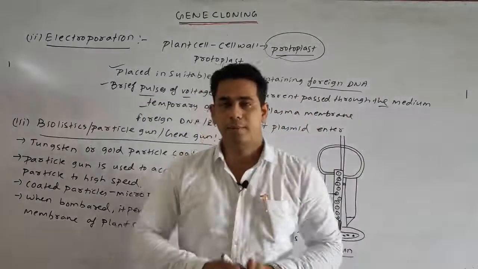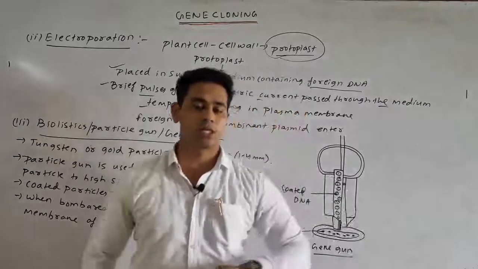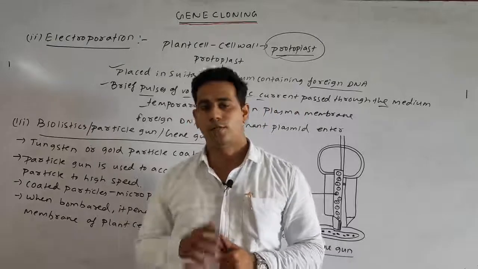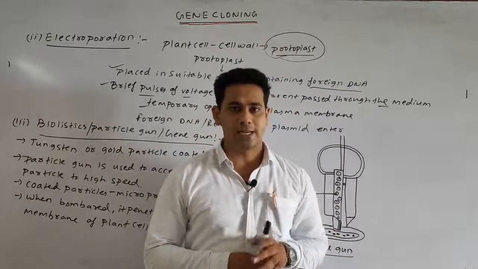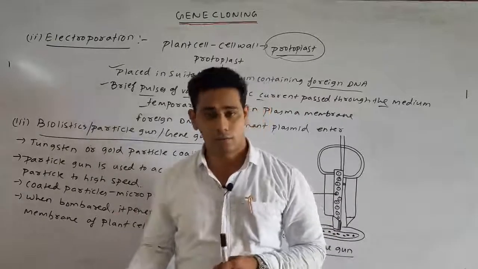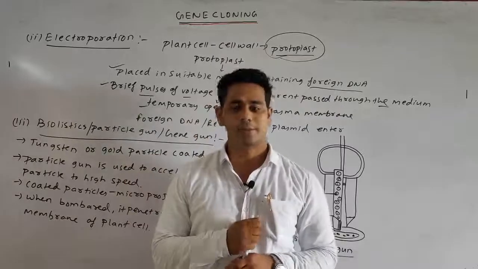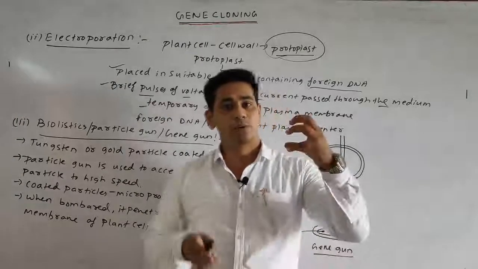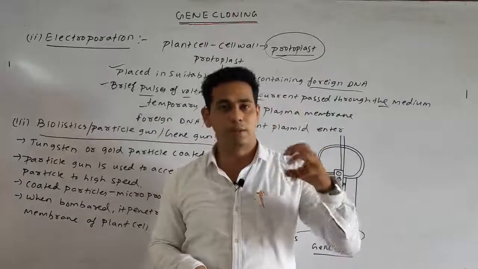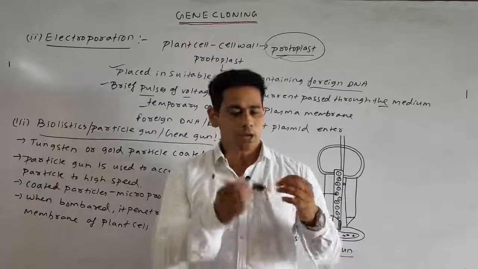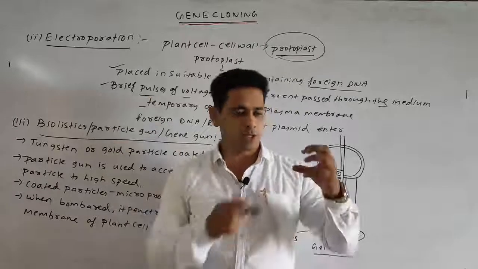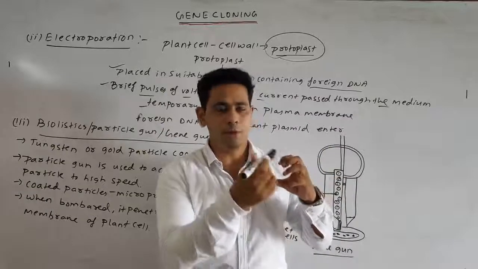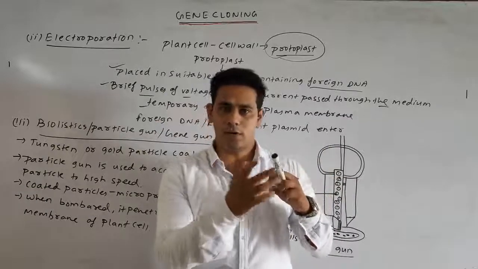You should remember that in transformation, before it was not competent, but after it is introduced into the ice-cold calcium chloride solution, then heat is provided, and then it is transferred into the ice again, it changes from impermeable to permeable. Pores do not form in transformation; the impermeability simply changes to permeability, by which the foreign DNA enters.